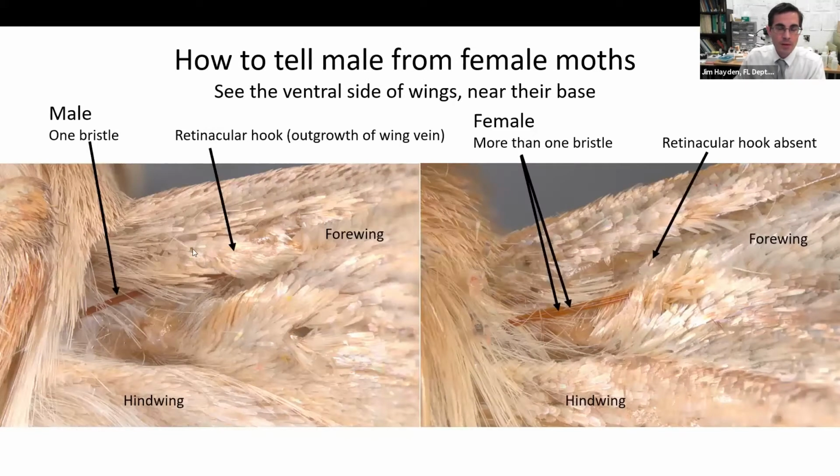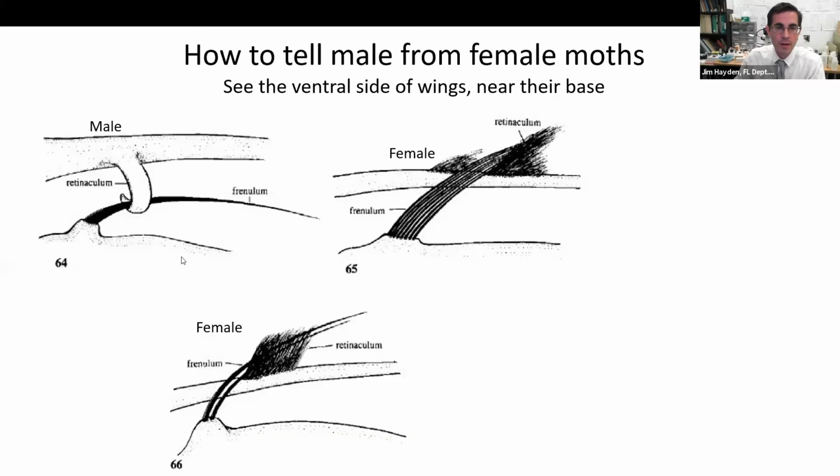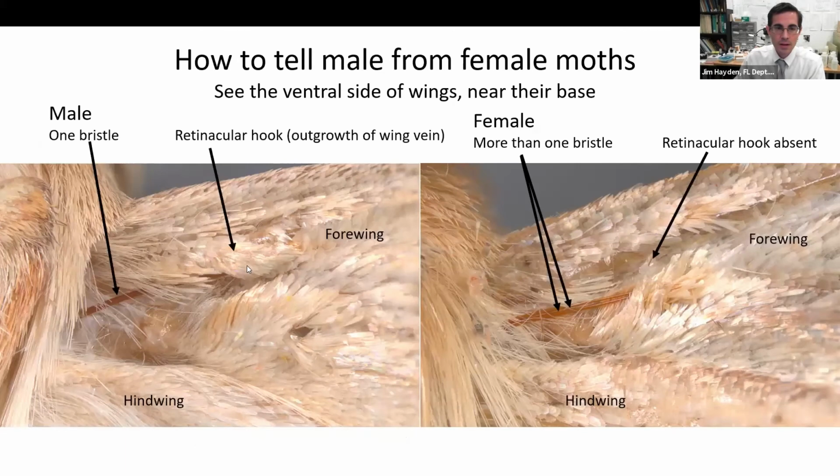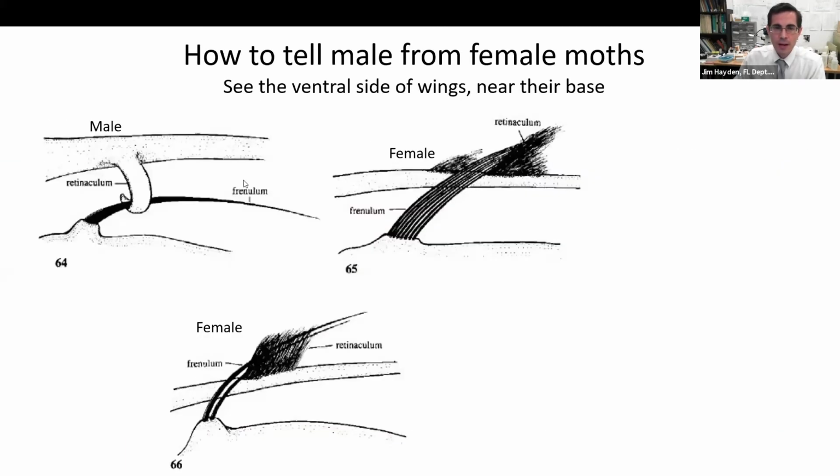The other aspect is that males have this little membranous hook that comes out of the subcostal vein and wraps around and clasps the frenulum. It's called the retinaculum because it retains these bristles. It hugs them. But females don't have this little membranous thing.